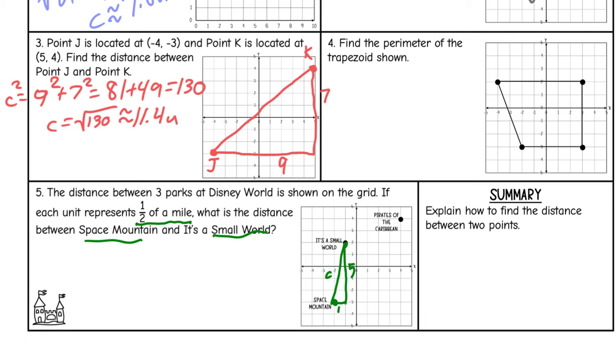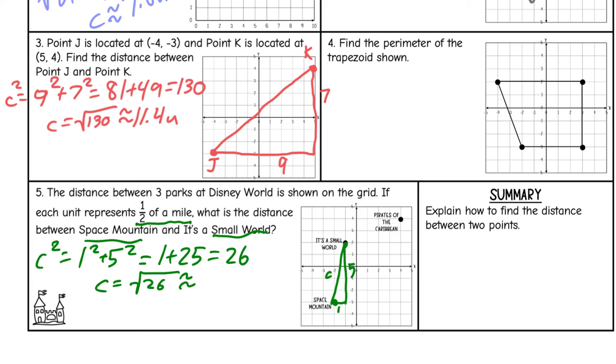So let's do 1 squared plus 5 squared equals c squared, or 1 plus 25 is c squared. So c squared is 26. To get c by itself, we need to take the square root of that, which gives us approximately 5.1.